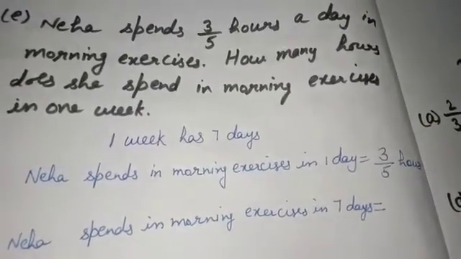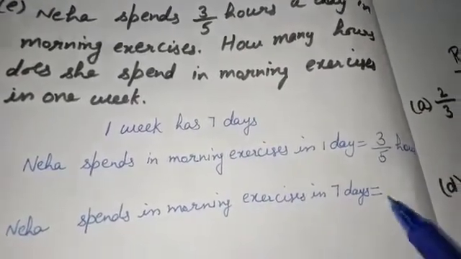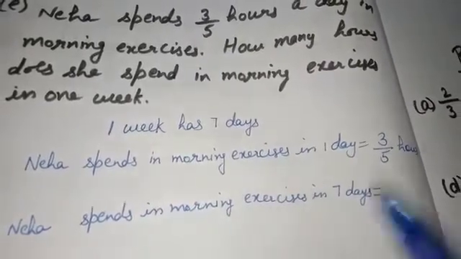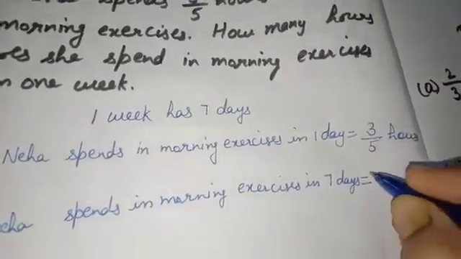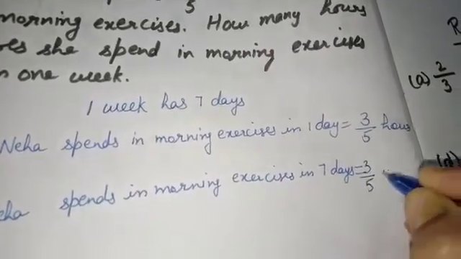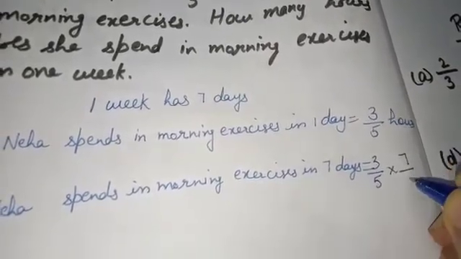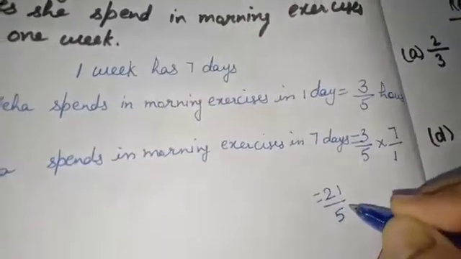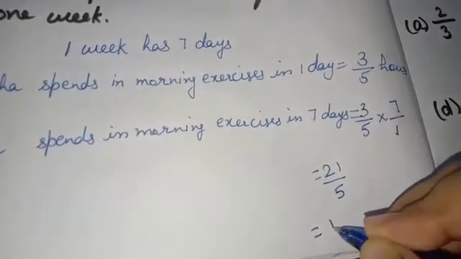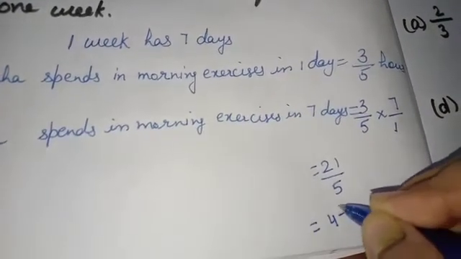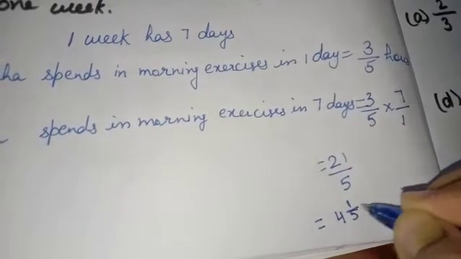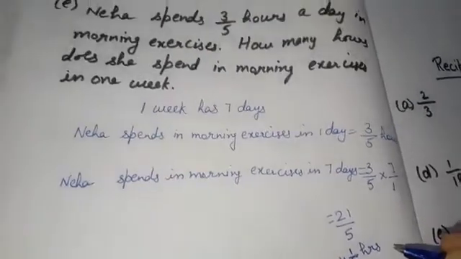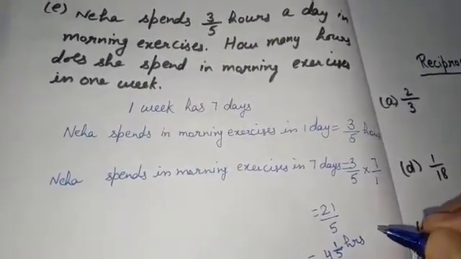For 7 days, what to do? If the value for 1 day is given, we need to find for 7 days, so multiply the duration of 1 day with 7/1. 7 3s are 21, by 5 1s are 5. Convert into a mixed number: it's 4 1/5 hours a week. Okay, this is our E part of the question.